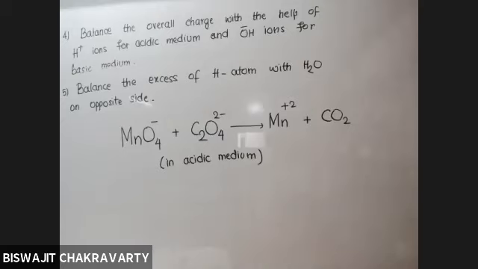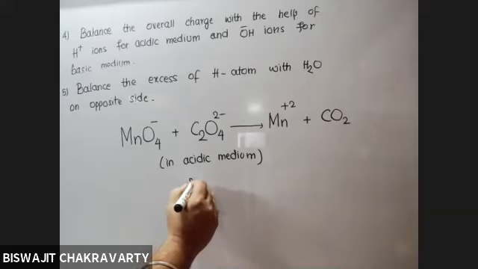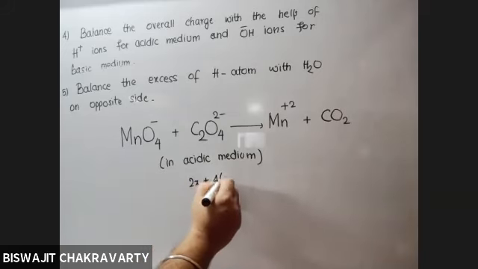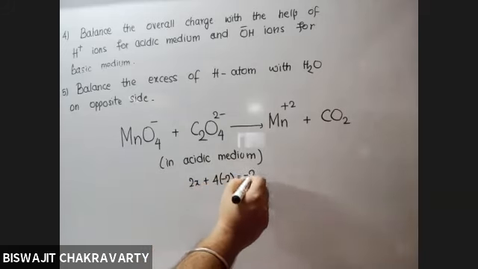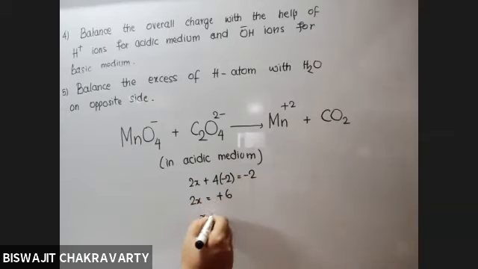And what's the oxidation number of carbon in CO2? Sir, plus 3. So carbon plus 3. Two into X, oxygen -2 each, overall -2. So 2x equal to +6, x equal to +3.